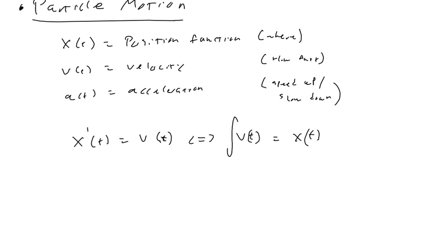This integral measures the change in position, how your position has increased or decreased. If you integrate the velocity function, you have information about whether the particle has moved to the left or to the right, and how much the position of your particle has changed.